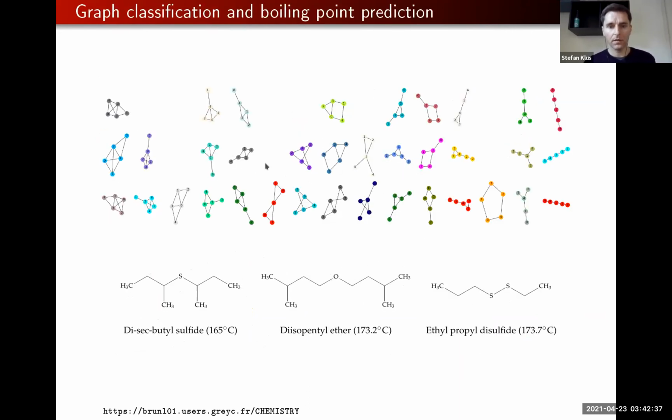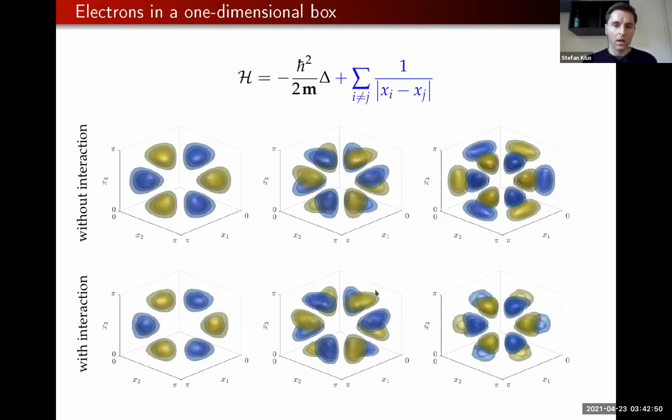We could apply this to graph matching problems, or we used this also, for example, for predicting the boiling point of certain molecules. So these are applications of symmetric and anti-symmetric kernels. We also used it to solve now this electrons in a one-dimensional box problem.